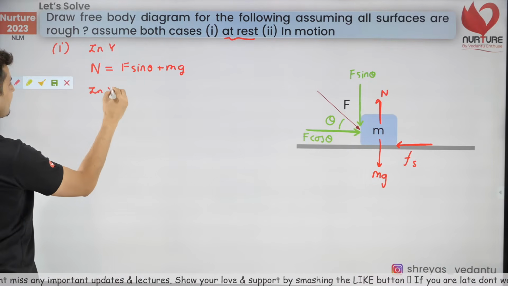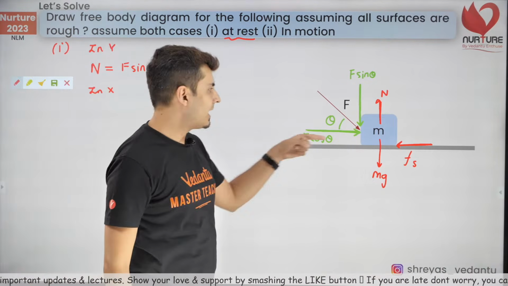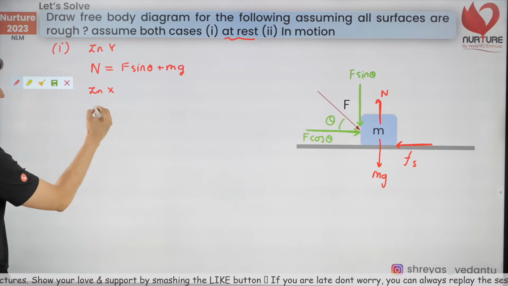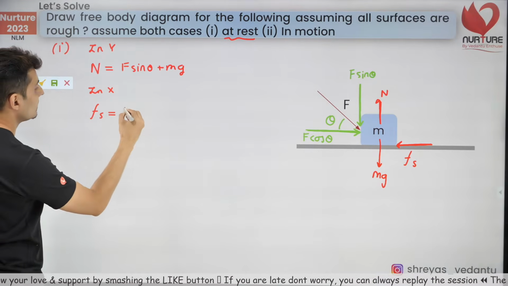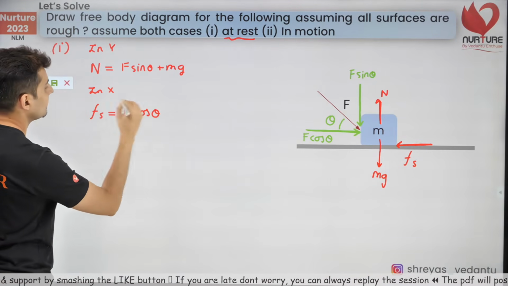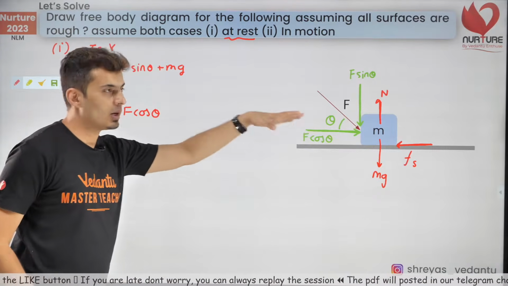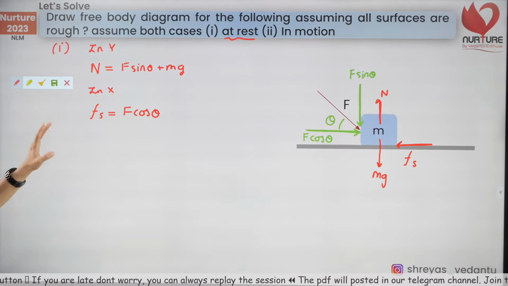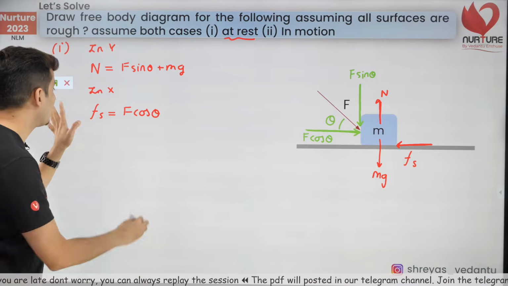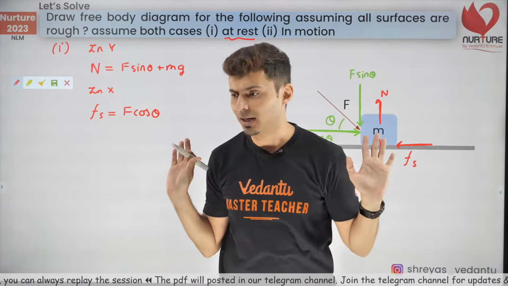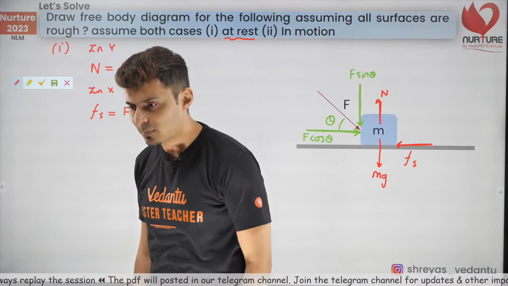In the x direction, because it is at rest, Fs and F cos theta should balance each other. So Fs will be equal to F cos theta. As simple as that. So by drawing the FBD, I have found out the normal force as well as the frictional force. Do not make it mu N and all that. It's just F cos theta as much as required. Everybody fine till this point?